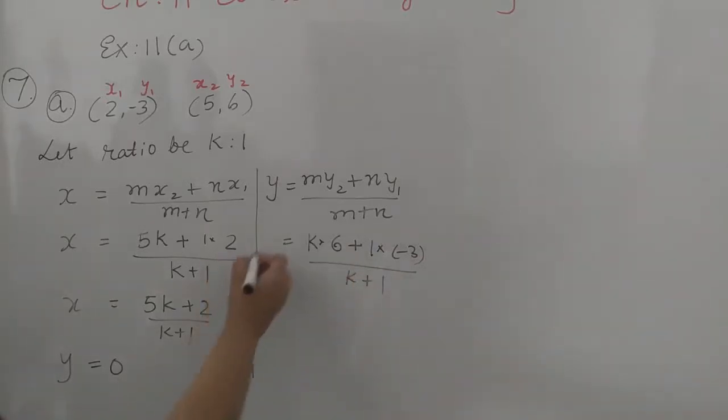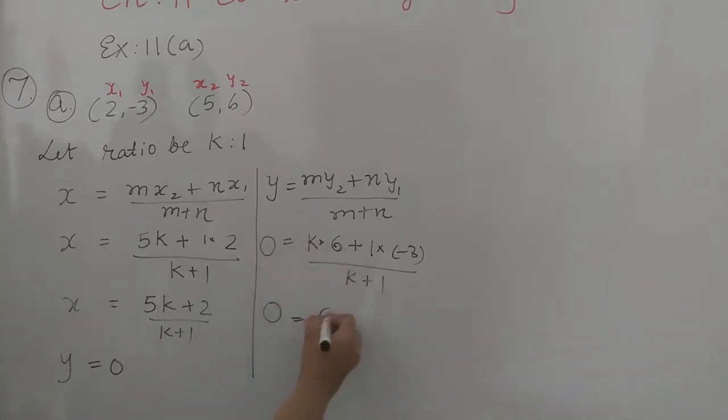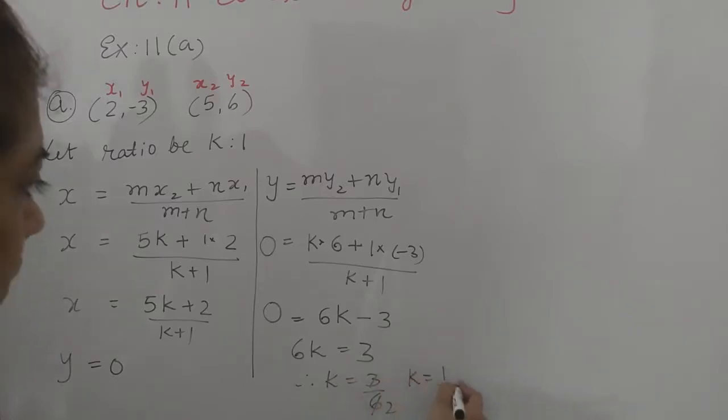Now we know y is 0, so I substitute y as 0, and k plus 1 in multiplication with 0 becomes 0. Here I find 6k minus 3. So now we can find the k value by solving this. 6k is equal to 3, therefore k is equal to 3 by 6, which means k is equal to 1 by 2.